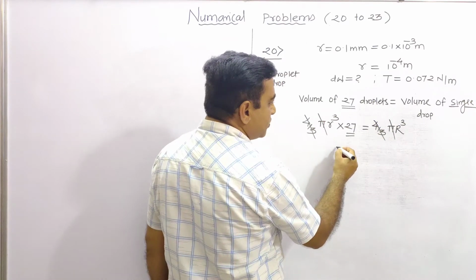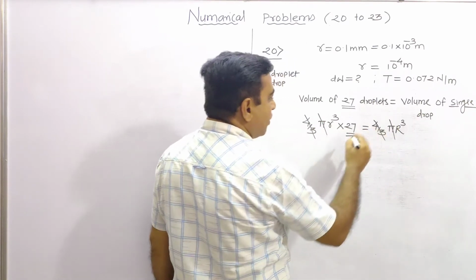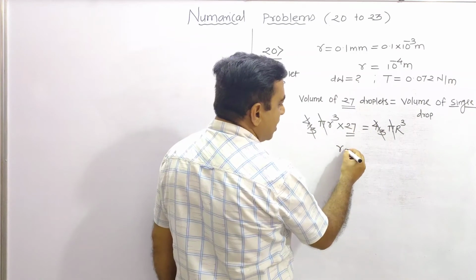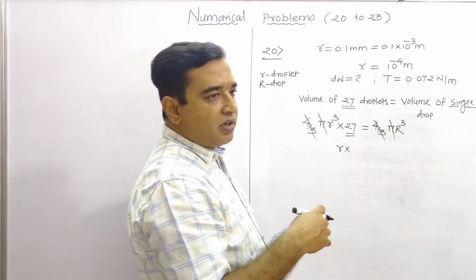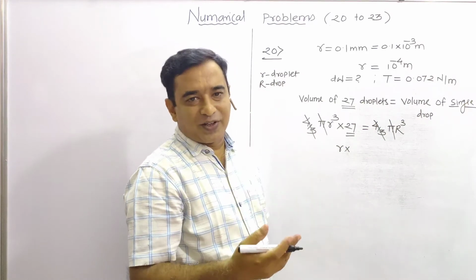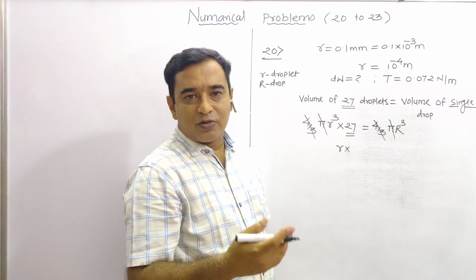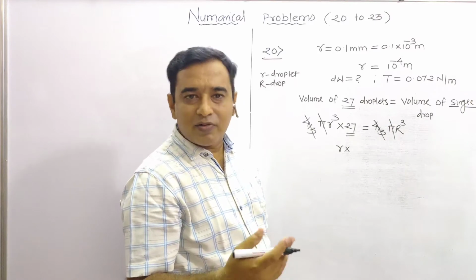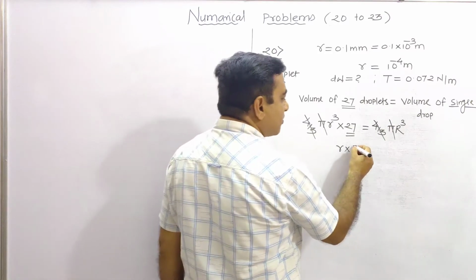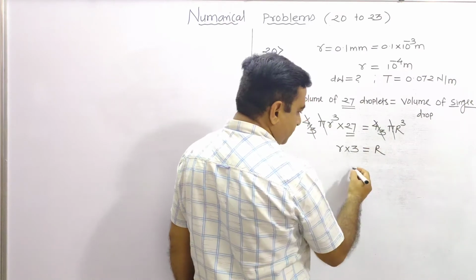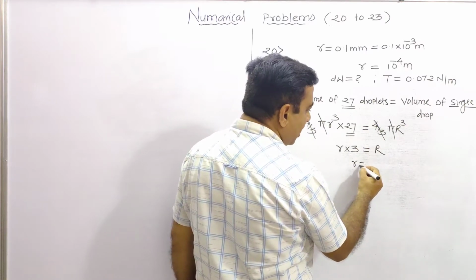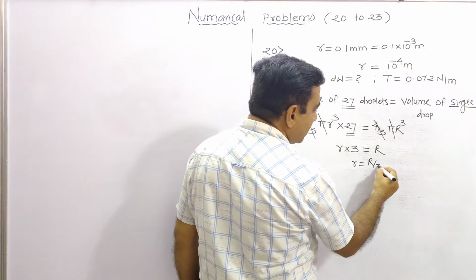If we take the cube root of all remaining factors: 3 into 3 into 3 is 27, so the cube root of this is 3. So capital R is equal to 3 small r, or small r is equal to R by 3.